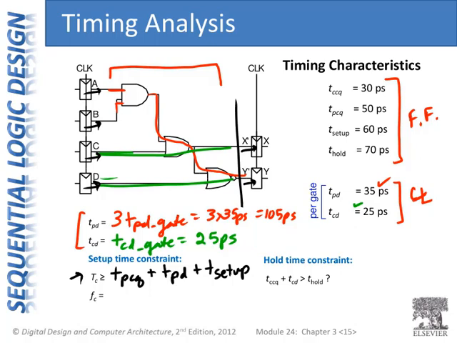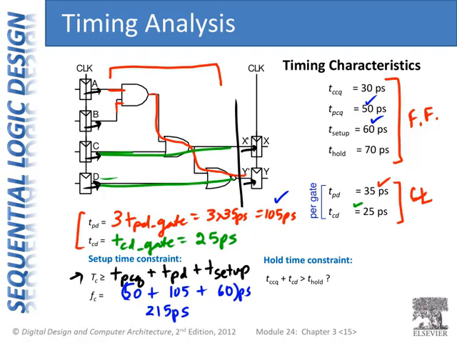So we put our numbers in there: TPCQ is 50, plus the TPD we just calculated, 105, plus setup time of 60, all in picoseconds. Adding those together, our cycle time is 215 picoseconds.